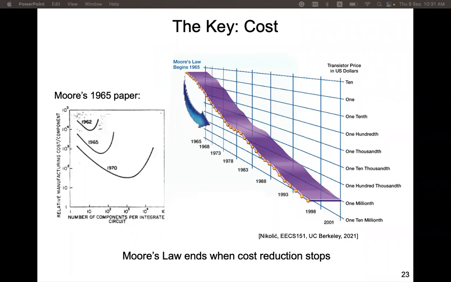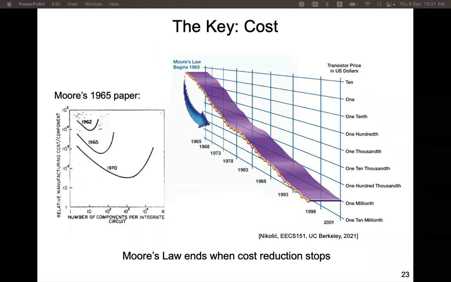And the key benefit is the reduction of the cost per transistor. Moore's law is still alive, but if someday the cost reduction trend stops, then Moore's law will be dead.